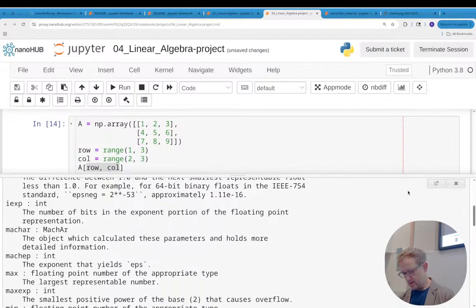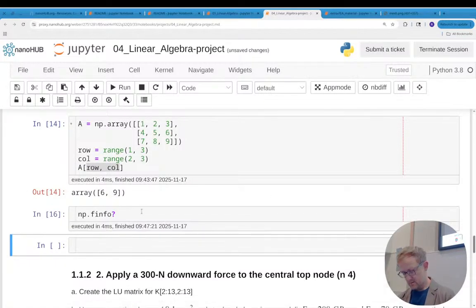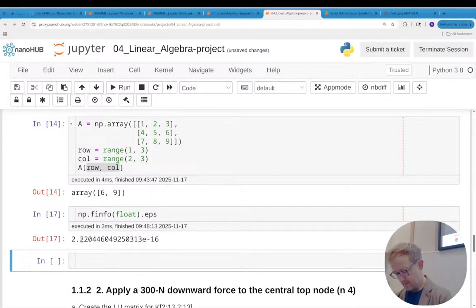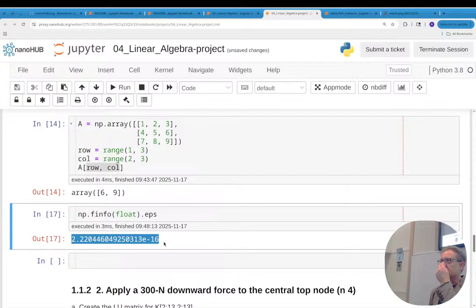But we can check it. I think we say float and then dot EPS. Yeah, and sure enough, 2.22 E negative 16. So at least accuracy for most of this stuff is going to be negative 16, that number that we're looking for.